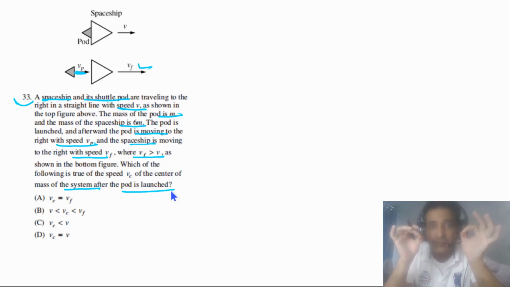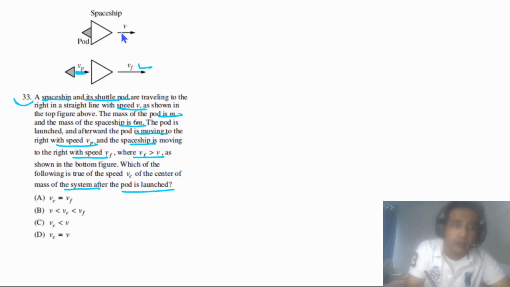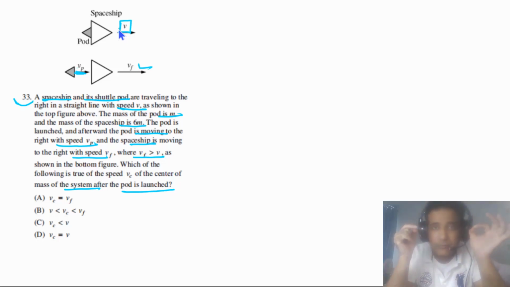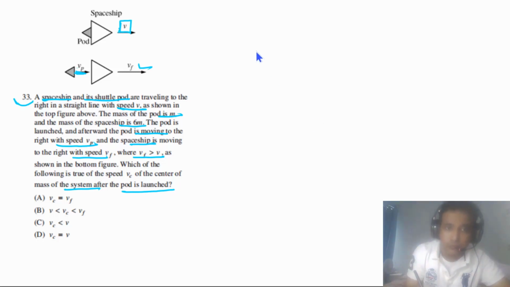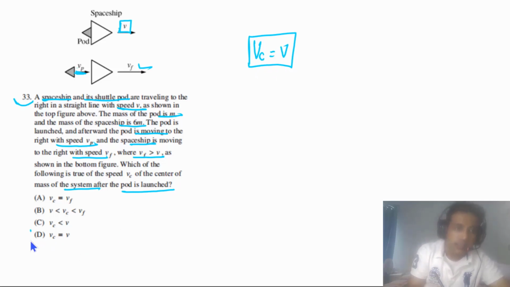So velocity of center of mass has to remain constant, and velocity of center of mass before launching was equal to v, because spaceship is moving with that speed. And velocity of center of mass after launching pod also has to be equal to v. So it simply means that velocity of center of mass is equal to v. So the answer for this question has to be D.